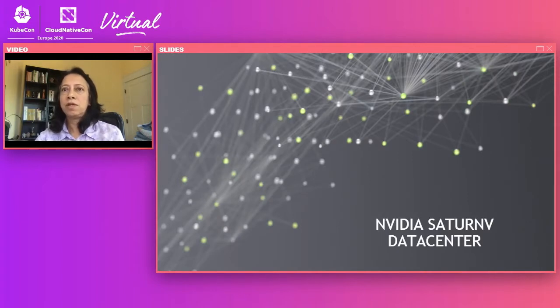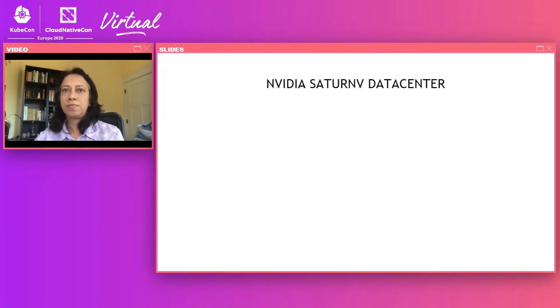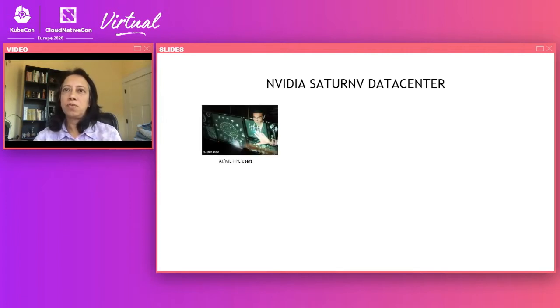Let's look at the Nvidia Saturn V data center. So what is the Nvidia Saturn V data center, or NSV for short? At Nvidia, we have a lot of users who need to run their artificial intelligence and machine learning jobs on GPU servers. They can set up their own server to do this, but this limits them in the size of the job and the technology.